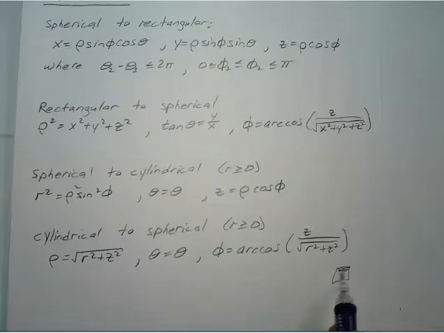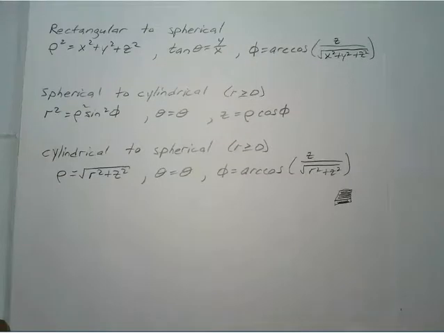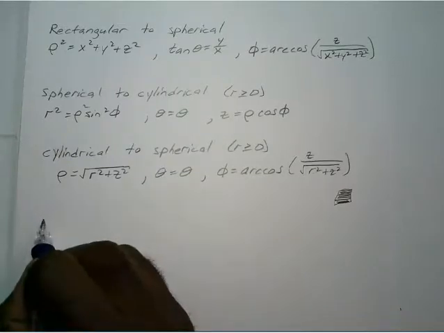All right. So if you are still writing, feel free to press pause. Oh, actually, we do have a little bit of room left, so we don't have to go to the next page just yet. So I can go ahead and write the actual triple integral for spherical coordinates. Okay.